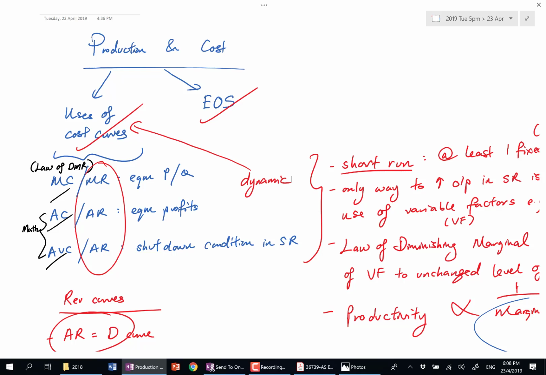The first one, uses of cost curves: we can do a bit of a dynamic analysis. Let's see what happens. So let's look at the shifts in the revenue and cost curves.